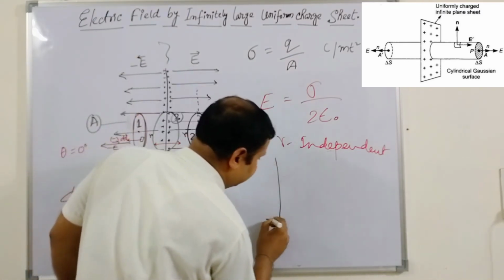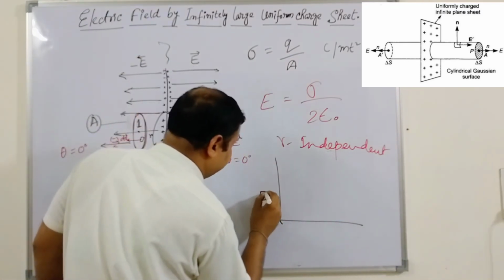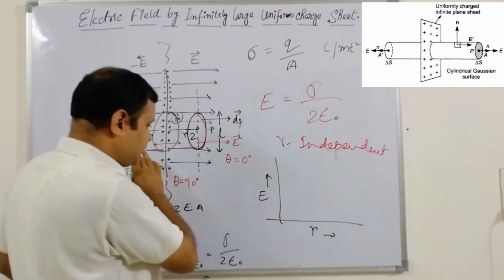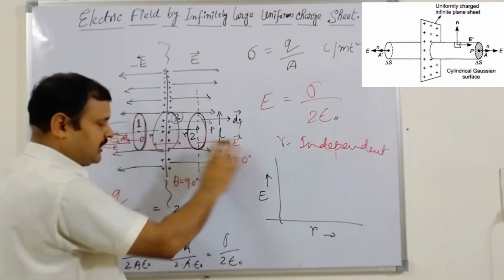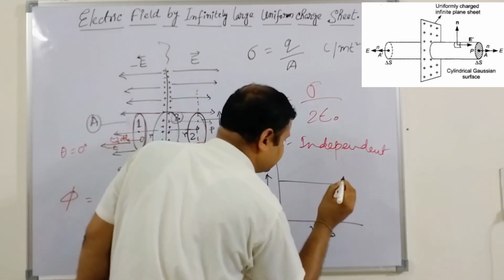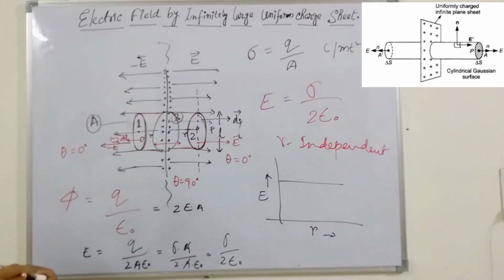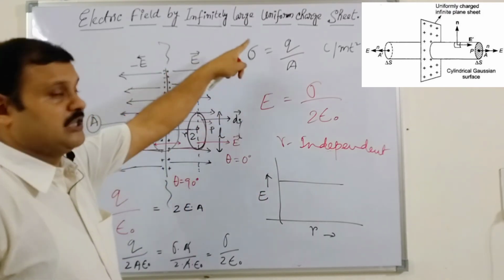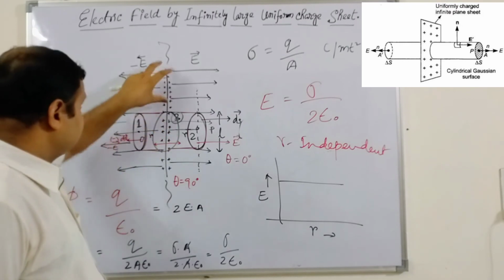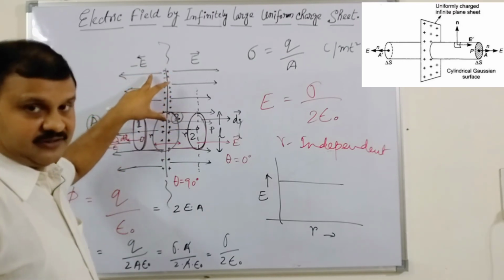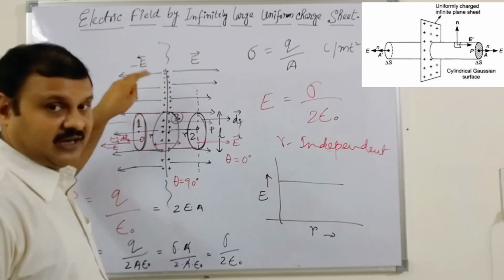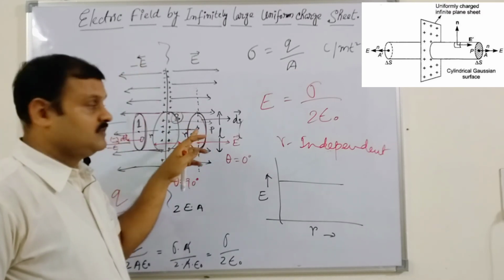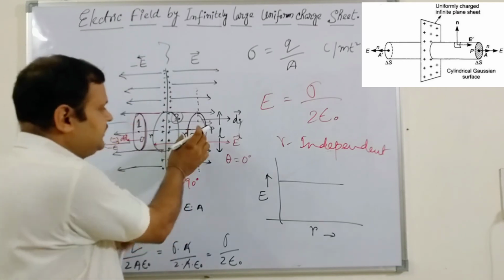So what does it mean? As long as you go along this distance R, the electrical field does not change, provided the condition that your plate is extremely large in terms of this distance, that is, effectively infinite, and the distance is very small.